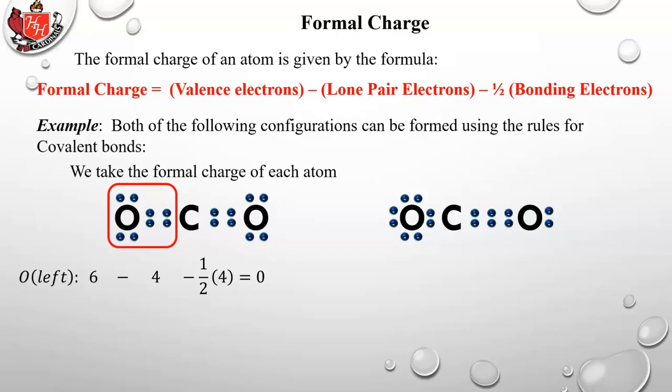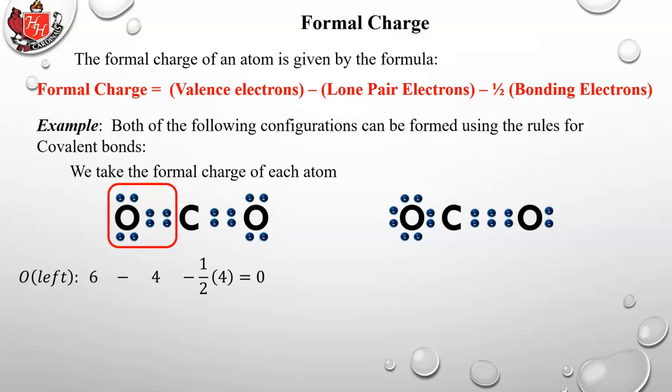In addition, the 2 bonding pairs, the 4 bonding electrons in between oxygen and carbon, we say that half of those belong to oxygen and half of those belong to carbon. So if you take the 6 that oxygen naturally has in its unbonded state, and in this particular bond you subtract the 4 lone pair electrons, not lone pairs, but lone pair electrons, and then subtract half of the bonding electrons, that should give us 0.